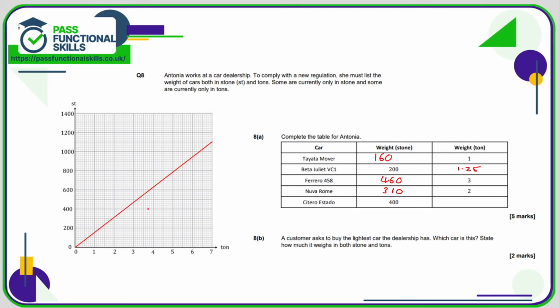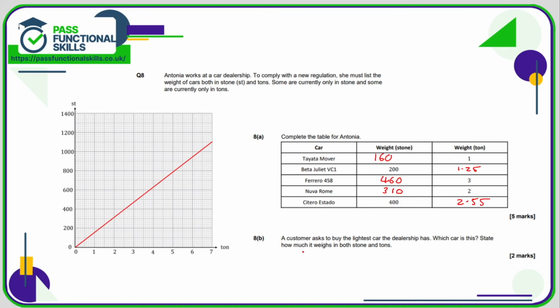So let's find 400 stone, and I think it's a bit more than 2.5, maybe not quite 2.6, so maybe 2.55 is acceptable here. But apparently in the mark scheme, they've said 2.56. Again, I don't know how you're supposed to get 2.56 with that level of accuracy.